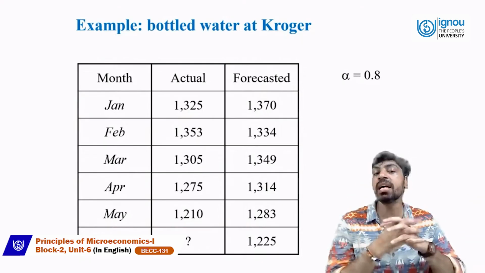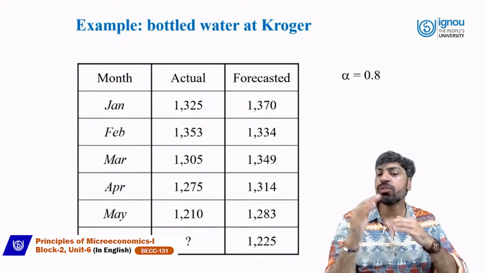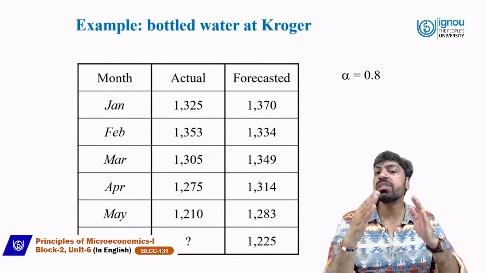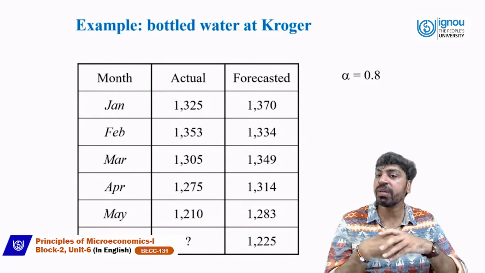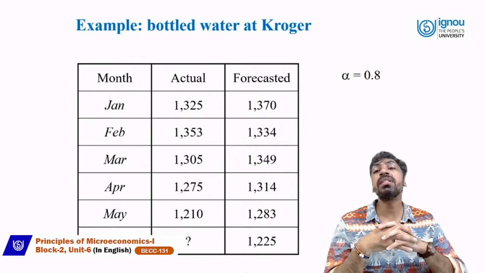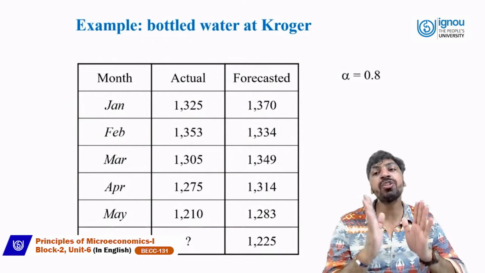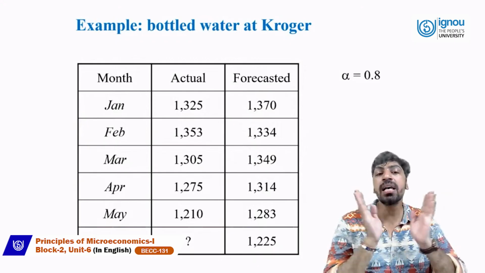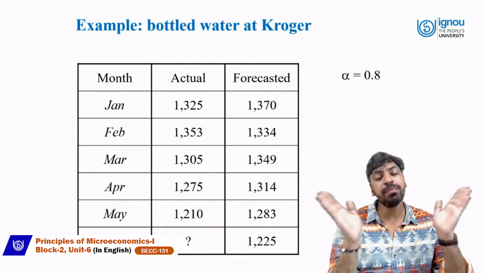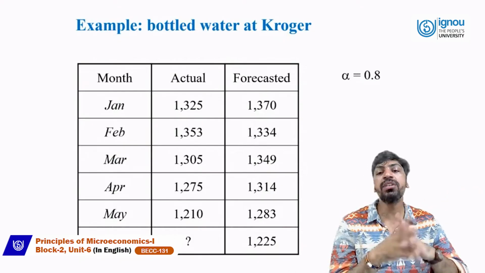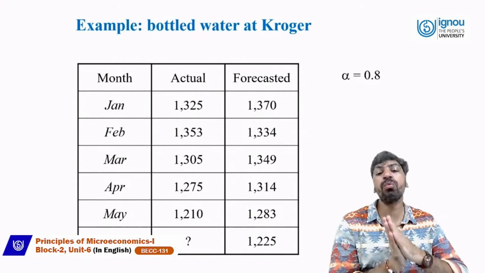Then you will get the forecasted value of the February month, that is 1334. So there is a huge difference between the forecasted values of January and February. Why? Because the alpha value is high, and as a result there is a higher reaction to the differences of the forecasted values of all the months. The same procedure is to be followed to calculate the forecasted value of February to June.